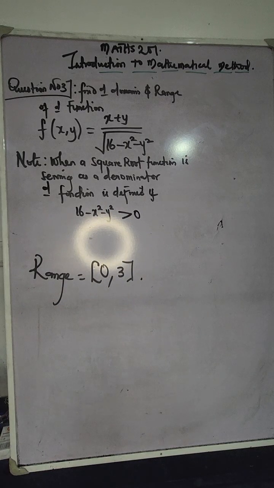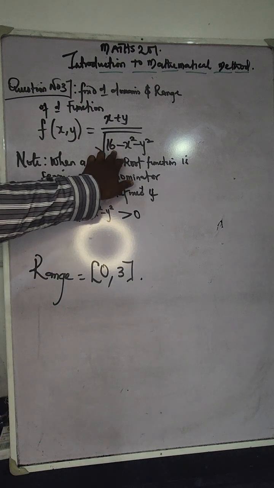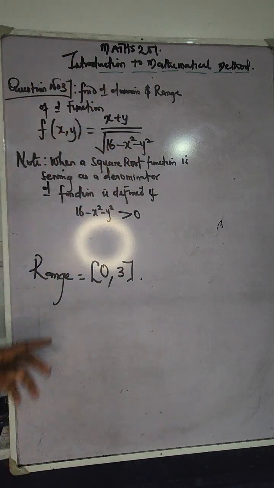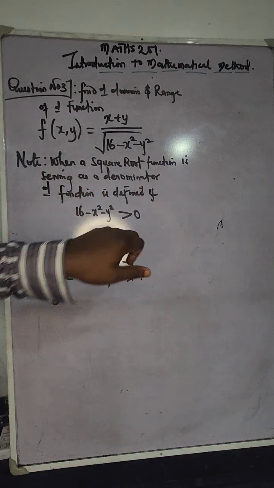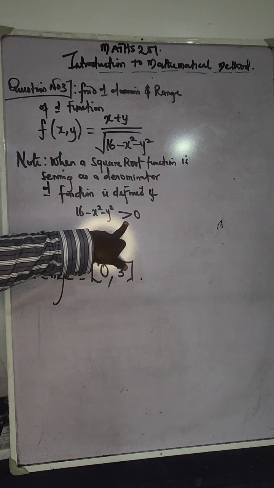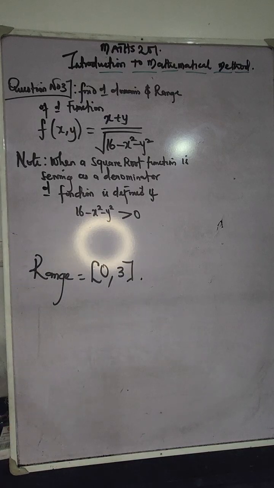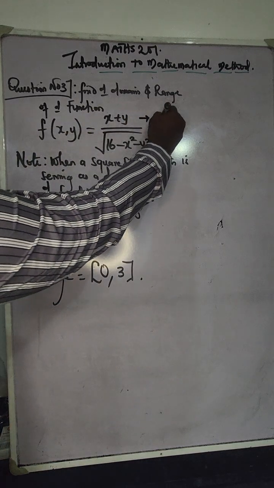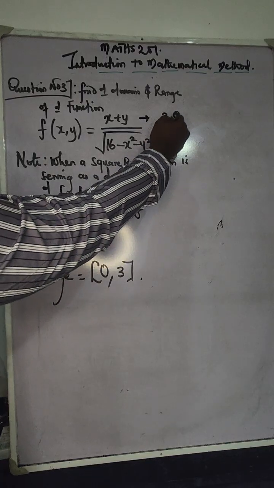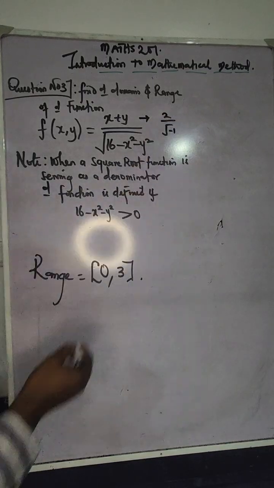So basically, whenever we have a square root function standing as a denominator, the function is defined only when the expression is greater than 0, not greater than or equal to. Imagine we have 2 divided by the square root of minus 1.